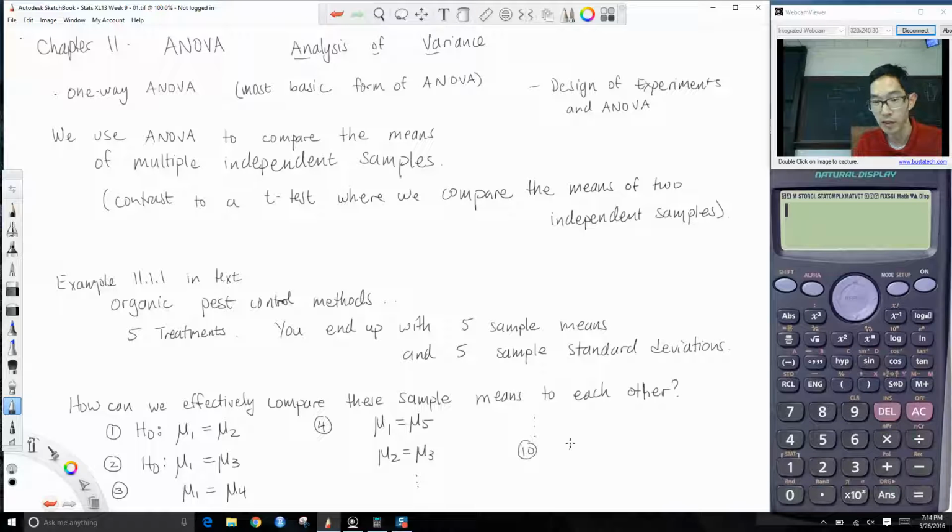The 10th test would be is mu4 equal to mu5, I think. So we would have 10 t-tests in total. Can you guys think of a problem that could arise with performing 10 different t-tests?